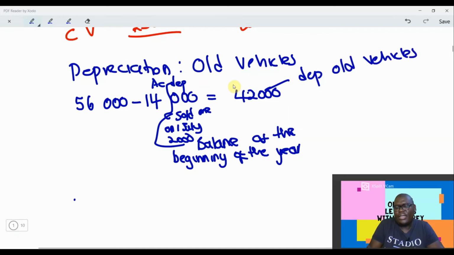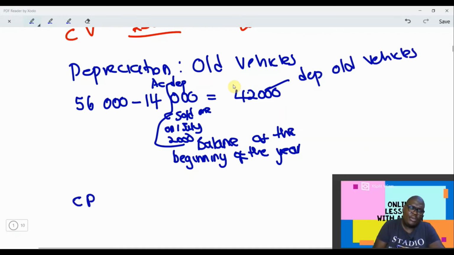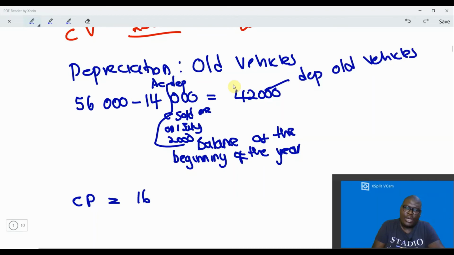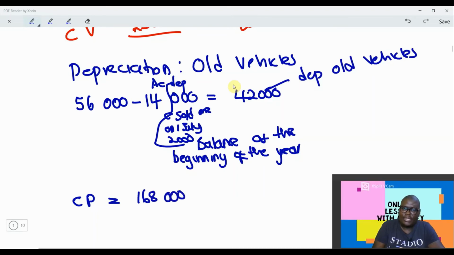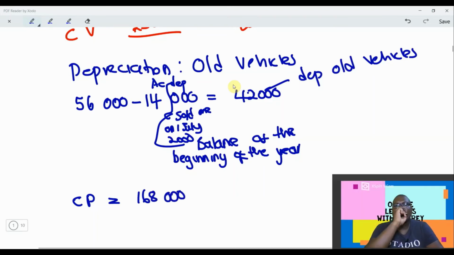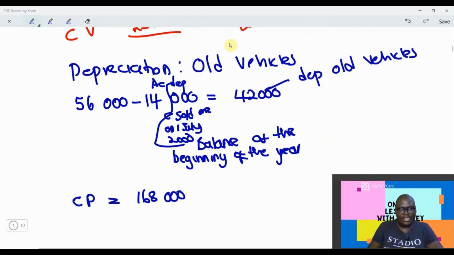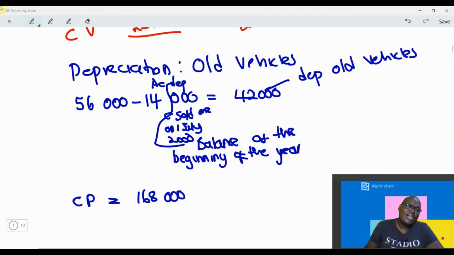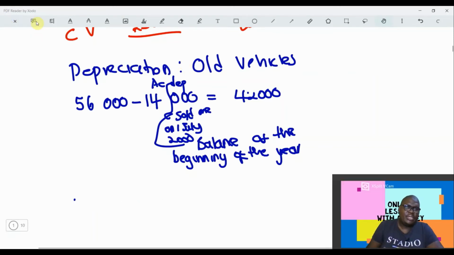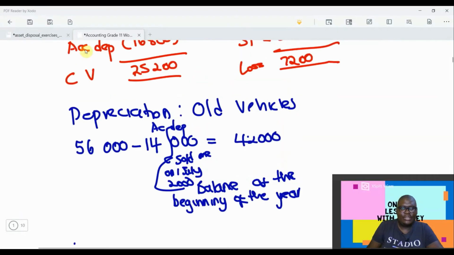The cost price, CP, we know is equal to 168,000 at the beginning. The cost price was 168,000. So you see, you need to pay attention to such things. It's easy to make mistakes in this question.